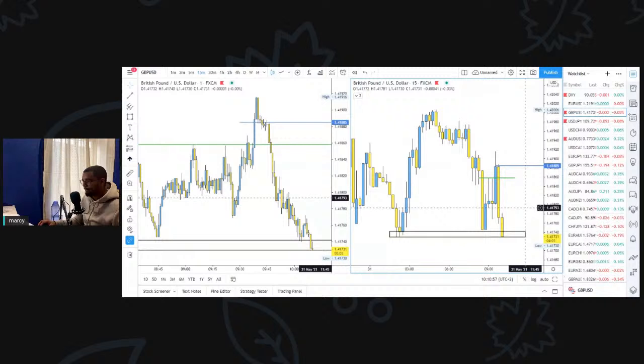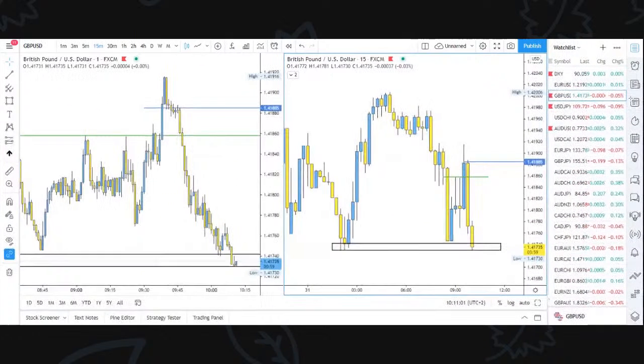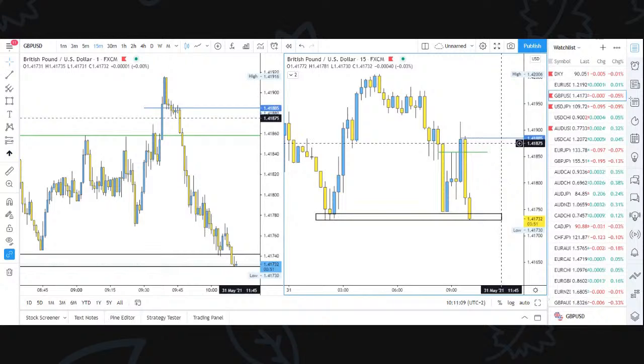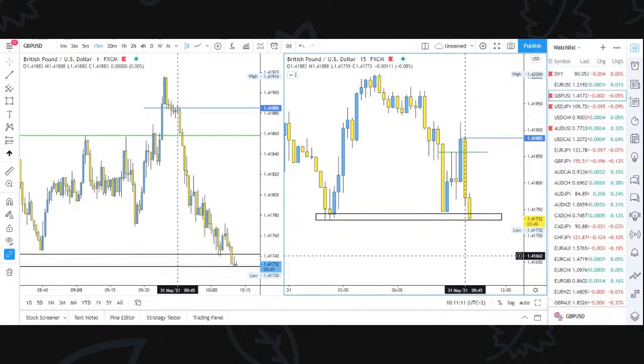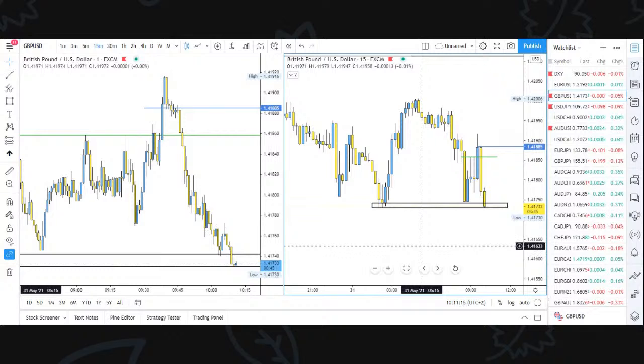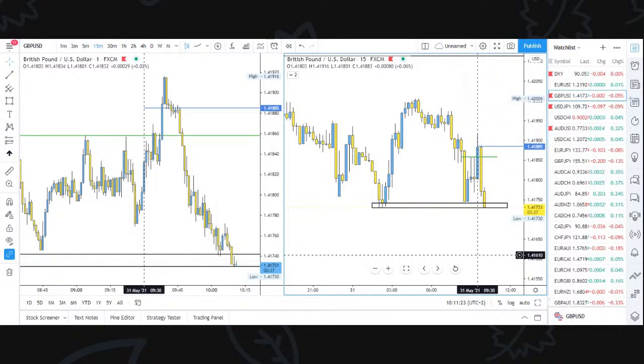So yeah, man. Let me take myself off the screen and just put the charts there. I'm keeping an eye on GBP USD. Hopefully we can get a break below this key level, and then from there we can take a look into selling this pair.